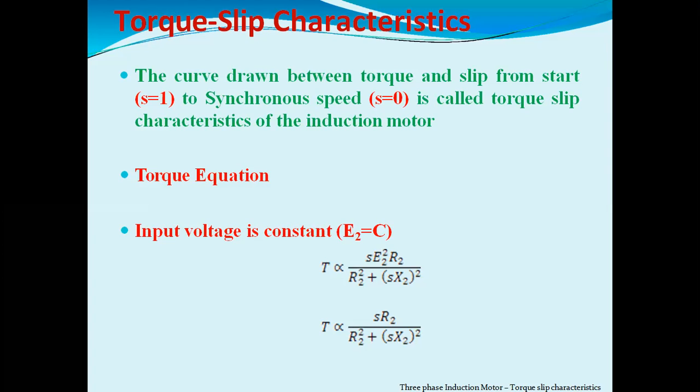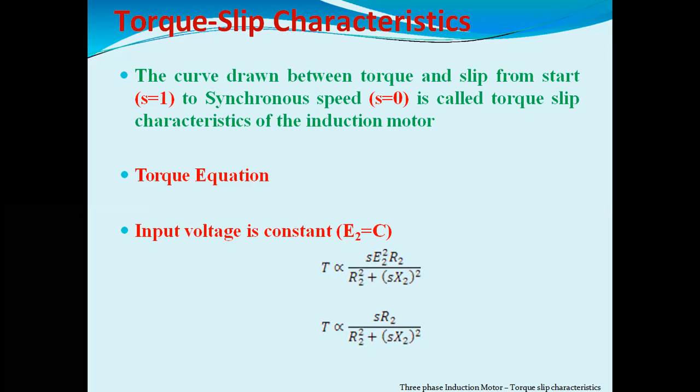But initially there is no rotor speed. The rotor speed we denote by the letter n, rotations per minute, the capital N. That value is 0 at the start. So in the equation s equal to ns minus n upon ns, the value of n is 0, so the equation becomes s equal to ns upon ns.